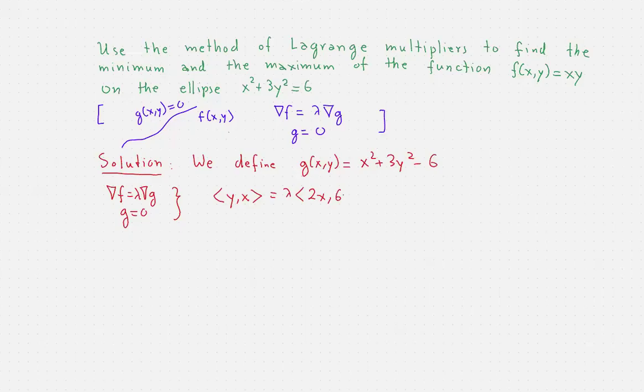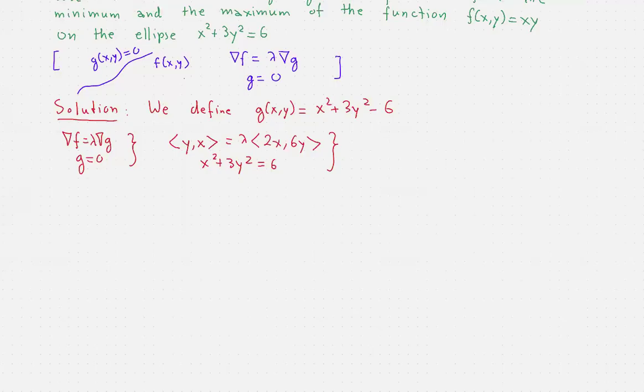Again, let's write this in a more tangible form. So let's write this as y is equal to 2 lambda x, and x is equal to 6 lambda y, and x squared plus 3y squared is equal to 6.